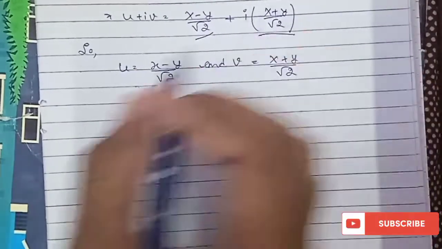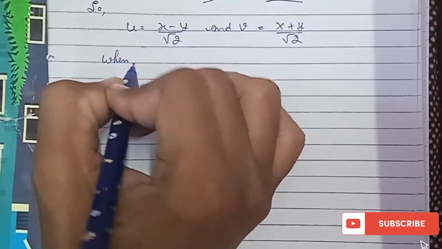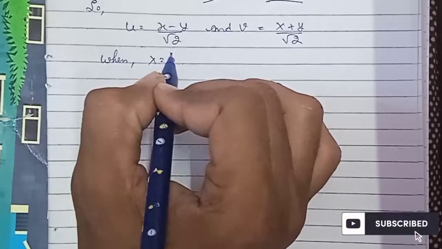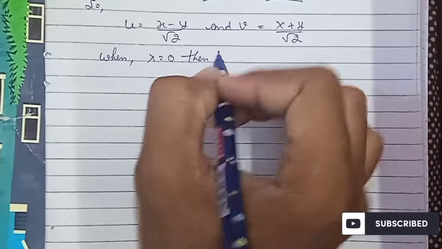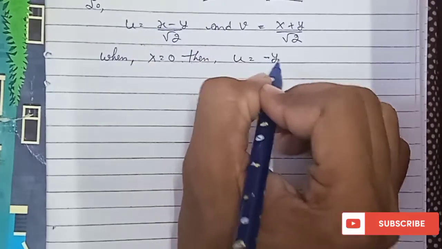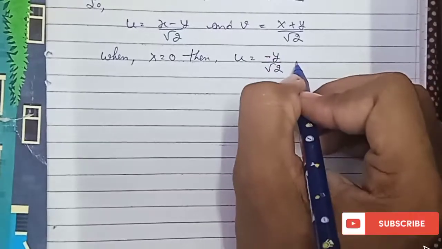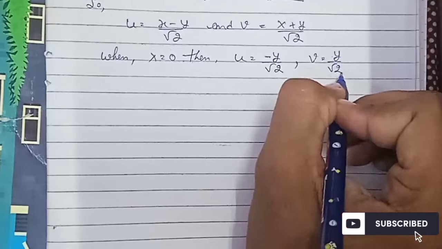Now in the question some conditions are given. When x is equal to 0, then u equal to minus y upon under root 2 and v equal to y upon under root 2.